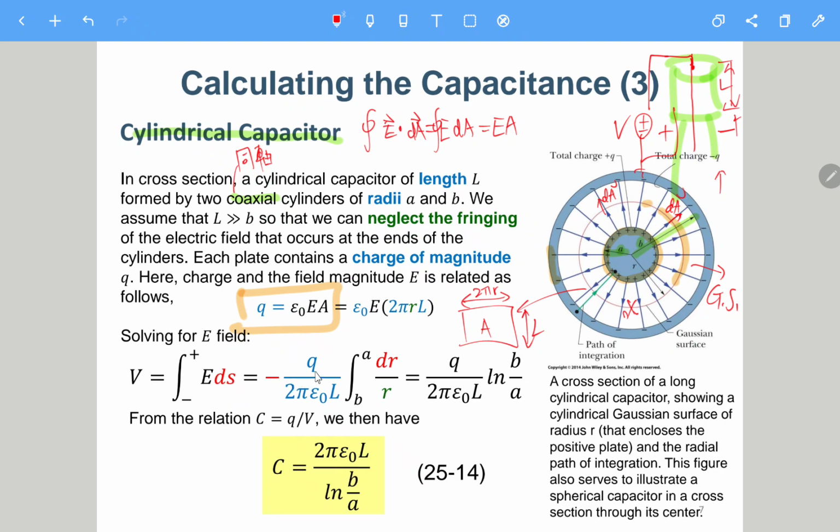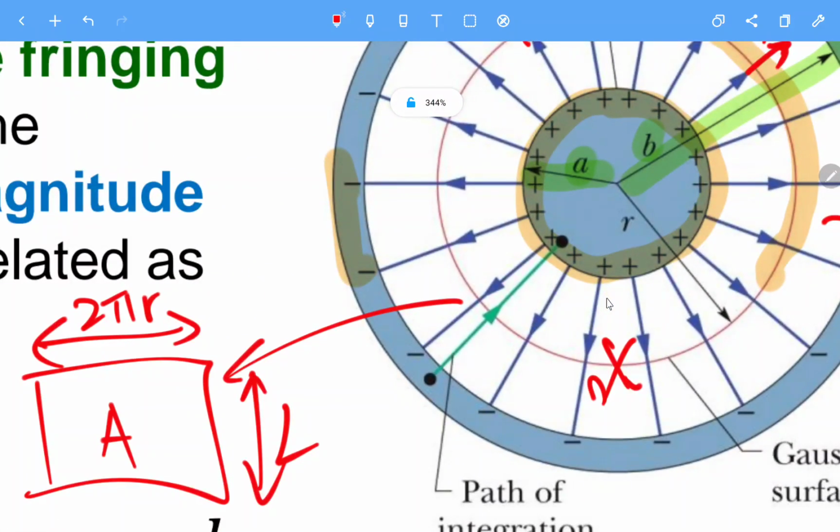Okay, so we can try to plug in what is E there. E is not uniform for the path. Here we also integrate from the negative plate to the positive plate like this.